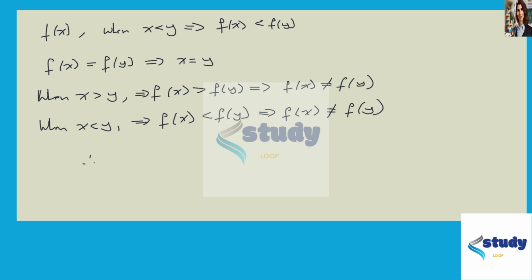Therefore x must be equal to y, because if x is greater than y, you don't have equality, and when it's less than y, you don't have equality as well. So you are left with x is equal to y. So therefore f(x) is one-to-one.